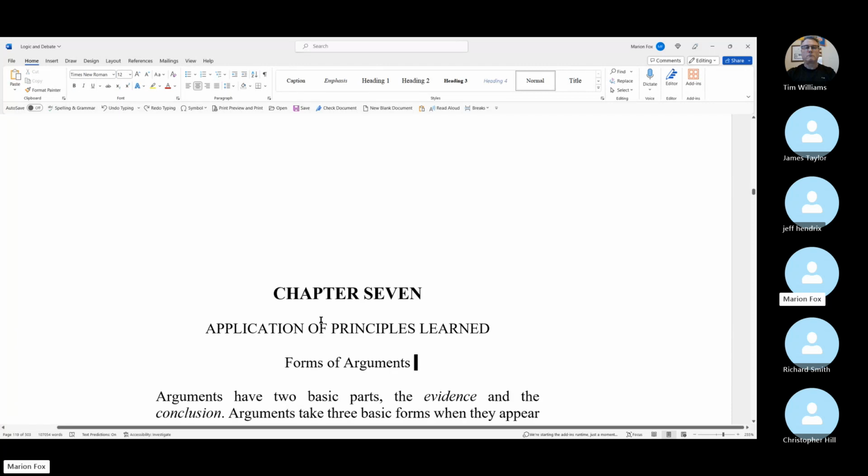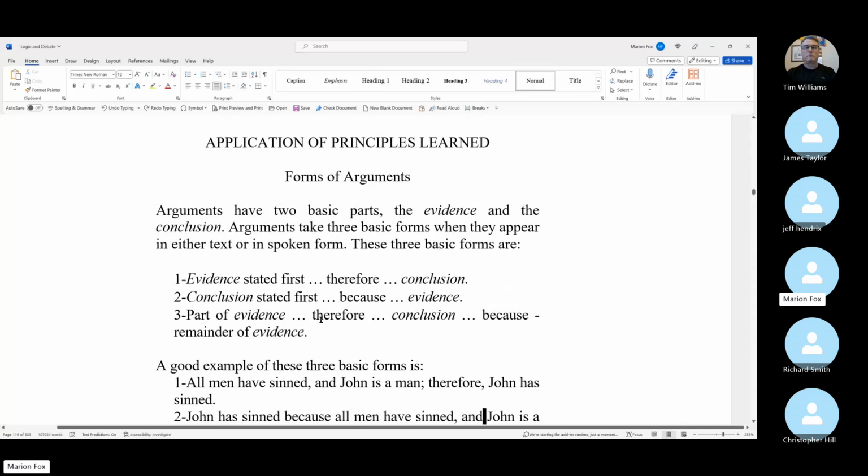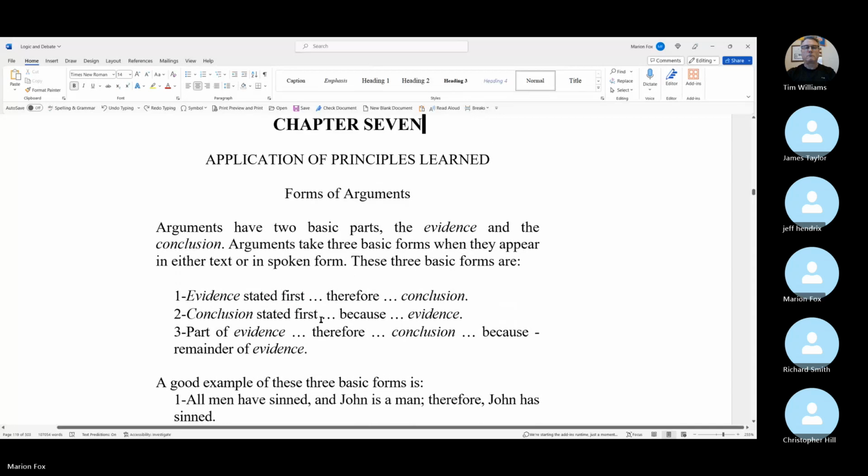Now we're going to get into some stuff that's more practical for you. Let me say this. This chapter 7. We have different forms of arguments. I don't think I've covered this yet, so we'll go into it. I go through this material over and over, and sometimes I get to wondering, have I already covered this?